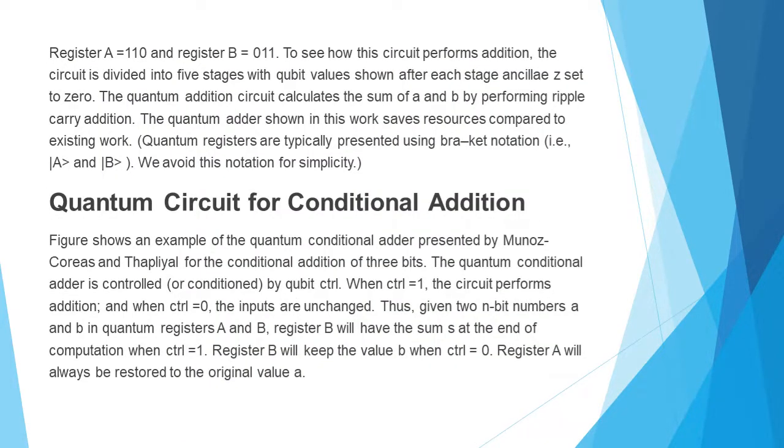Register A equals 110 and B equals 011. To see how the circuit performs addition, the circuit is divided into 5 stages with qubit values shown after each stage.